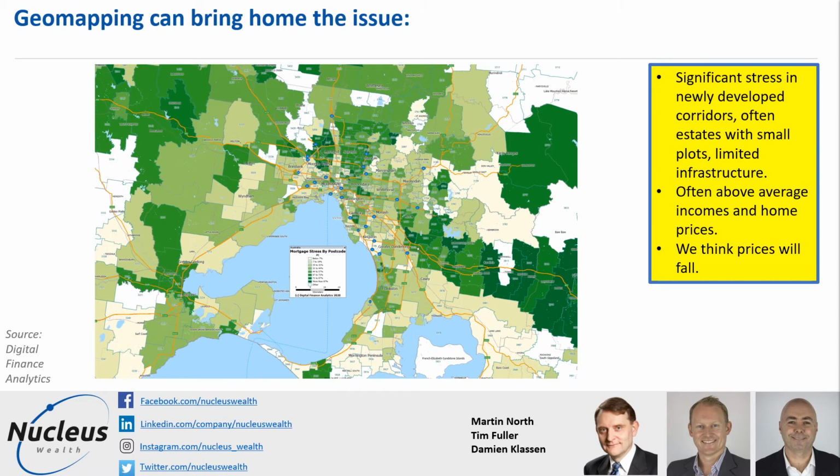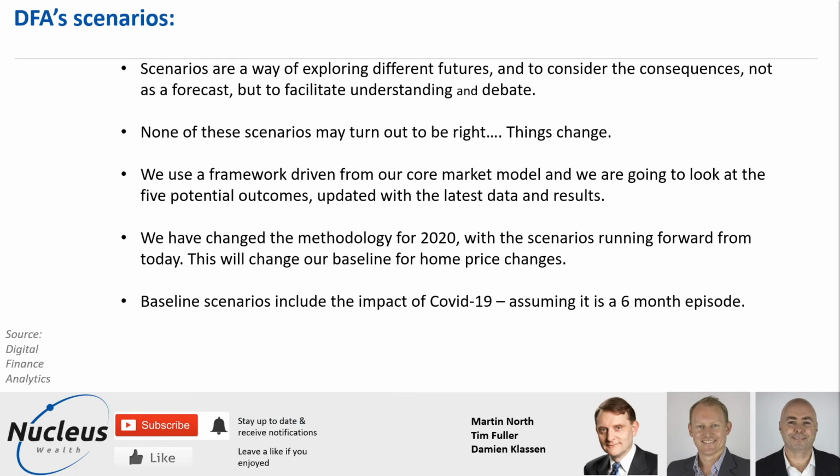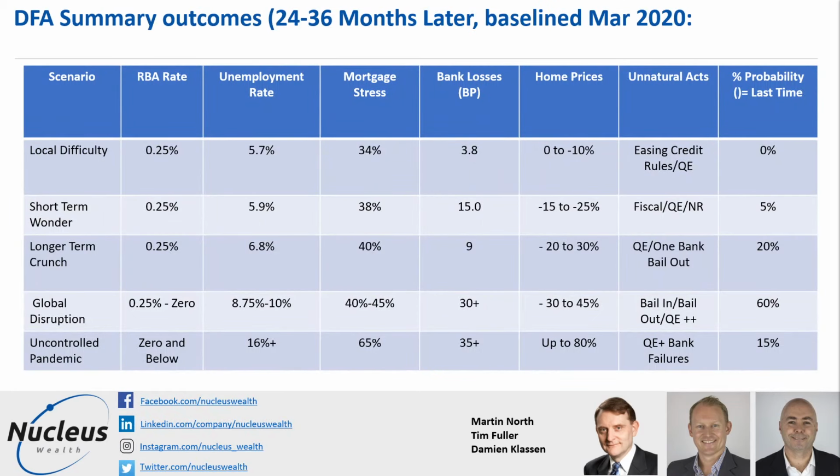Yeah, good point. Now, if I just go quickly to the scenarios, so we run scenarios off the back of our model as well. So let's go to the scenario. So 24 to 36 months later, this is my estimate of what I think is going to go on. So you can see there that I've got some different scenarios based around what's happening with the health issues. We're, I think, in the global disruption or the longer term crunch scenarios.